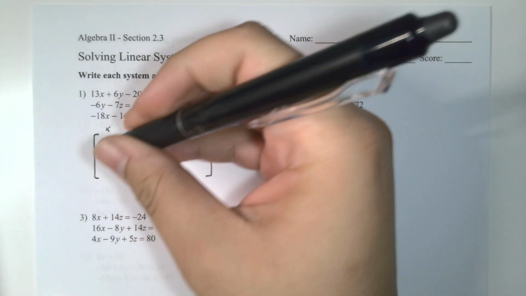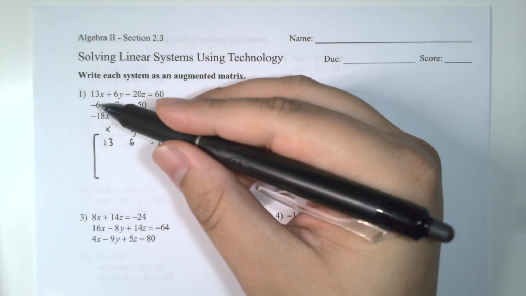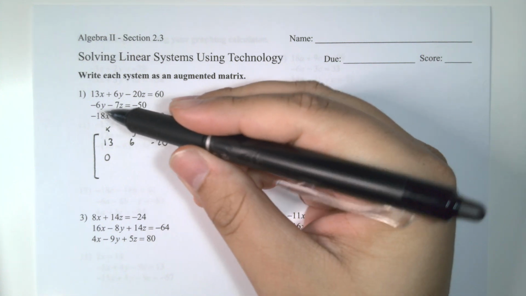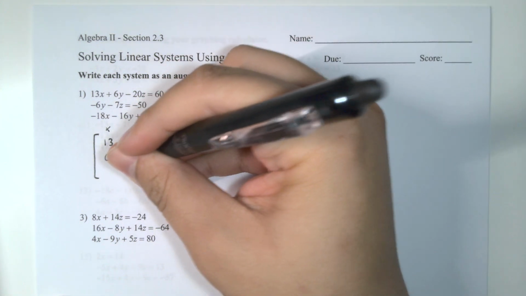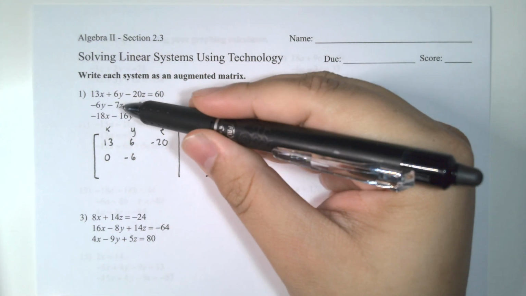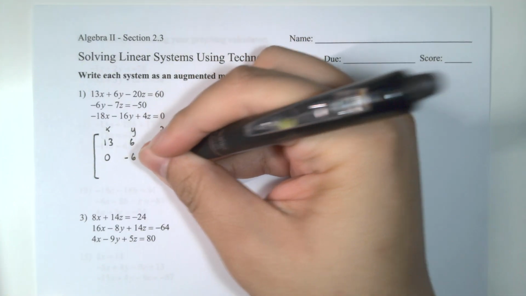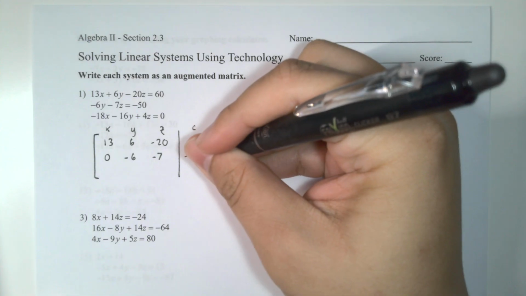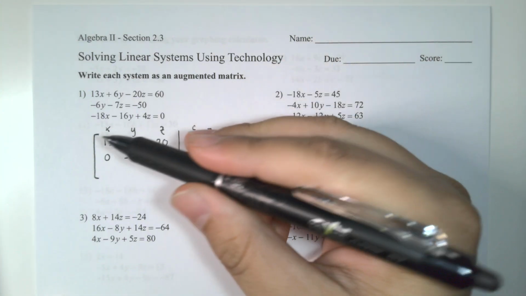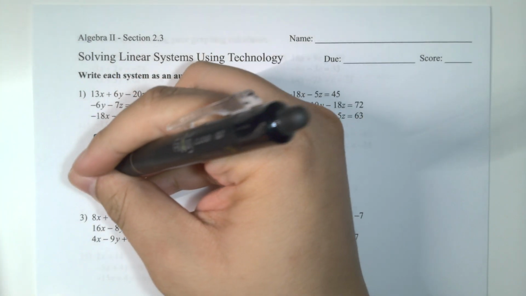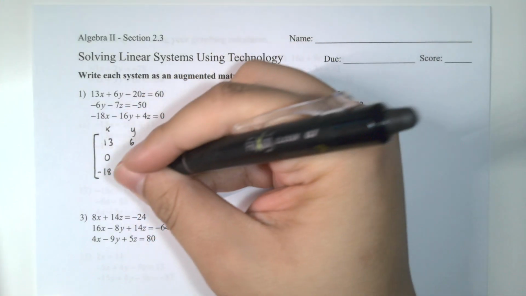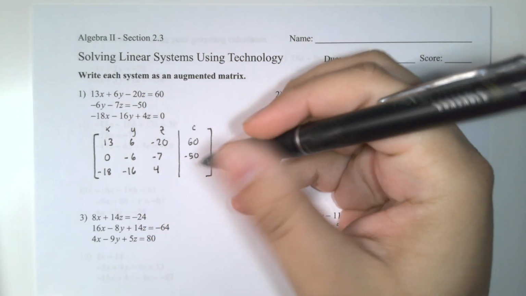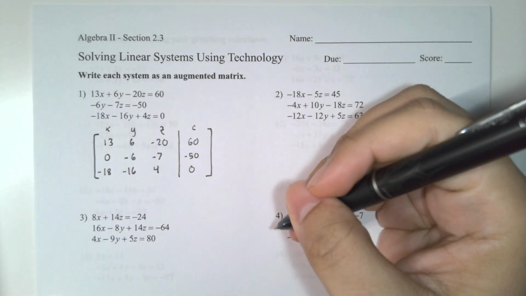The second equation, notice that we don't have any x's, so we would write this as a 0. But then we have negative 6y's, then we have negative 7z's, and then we have negative 50 as our constant. Next we have negative 18, we have negative 16 for y, we have 4 for z, and we have 0 as our constant.